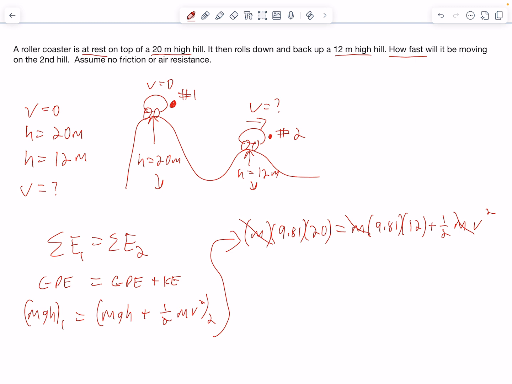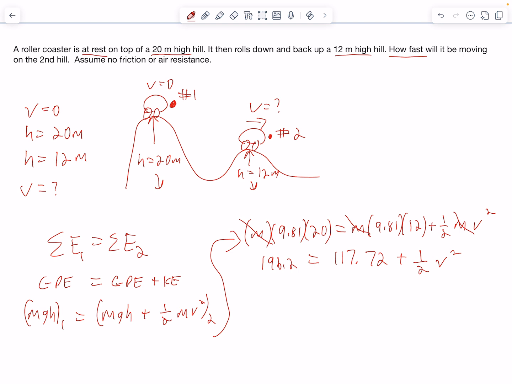So I can't cancel it. I got to leave it there. All right, so let's math it out. We have 9.81 times 20 is 196.2. And then I have 9.81 times 12 is 117.72. And then I still have 1/2 v squared.